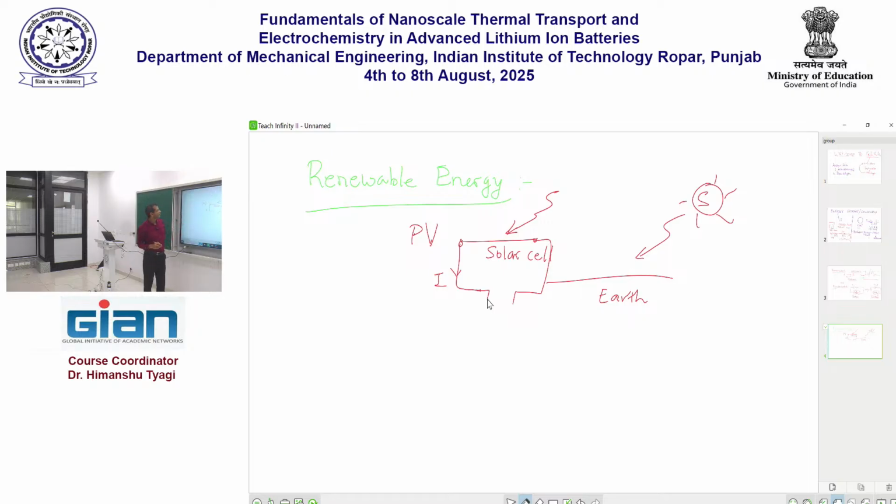The other way to utilize solar energy is called CSP, concentrated solar plant.